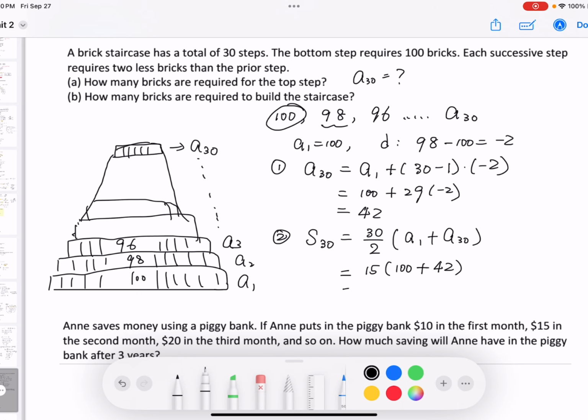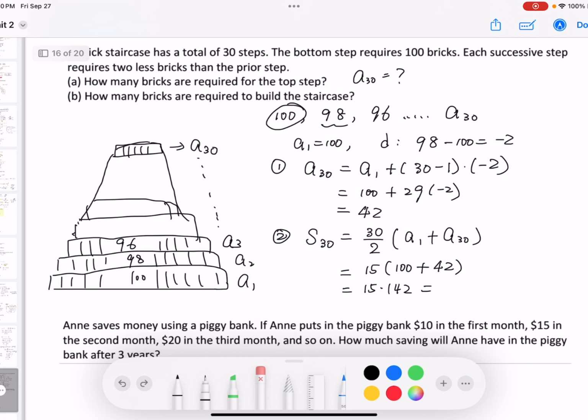So we can use our calculator to find 15 multiplied by 142. It is 2,130 bricks. Sorry, the unit is bricks.